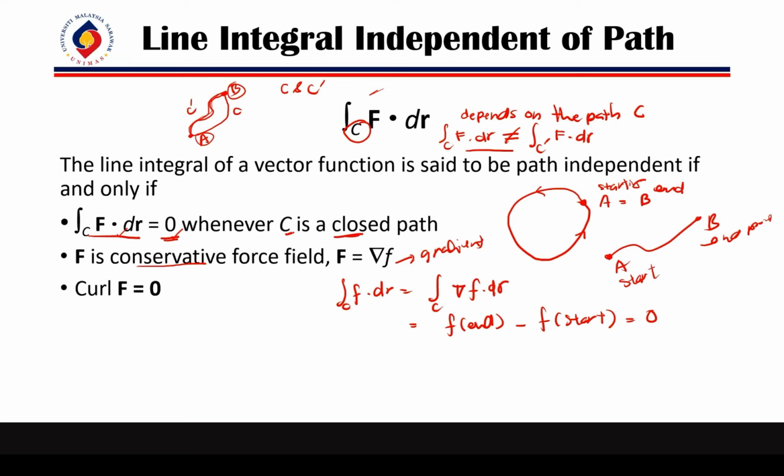In the next slide we will go further on this definition. Alright, so the third one is if curl F is equal to 0. So these three definitions will give us independence of path.